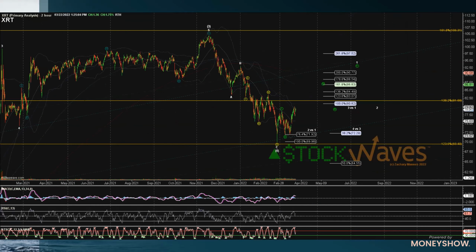XRT, the retail ETF, was another sector that was showing very strong warning signs at the end of 2021. This one had clearly showed that it had completed that 5 waves up for the 5th of 3 into the November high, had turned down pretty sharply as more of an initiation type move, and then into that January high with that the market was making.